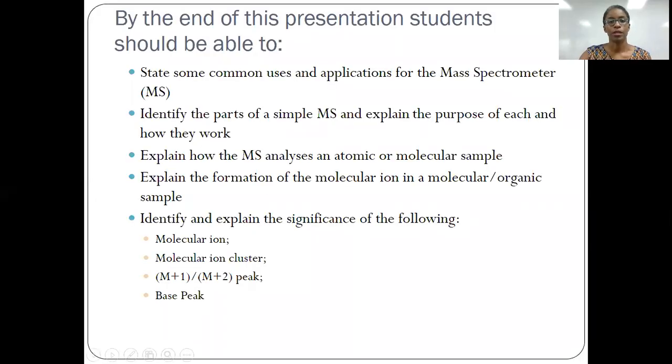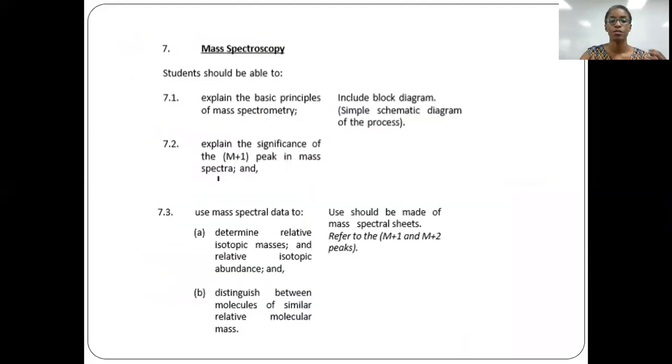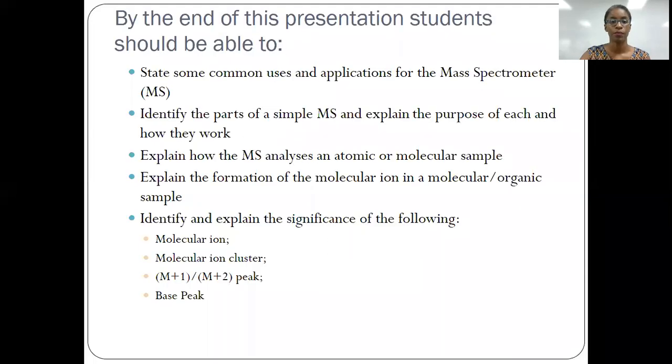By the end of the presentation, you should be able to state some applications of the mass spectrometer, identify the simple parts, which takes us specifically to objective 7.1, and explain how the mass spectrometer analyzes an atomic or molecular sample. This is explaining the basic principles, explaining the formation of the molecular ion, and then identifying specific parts of the structure.